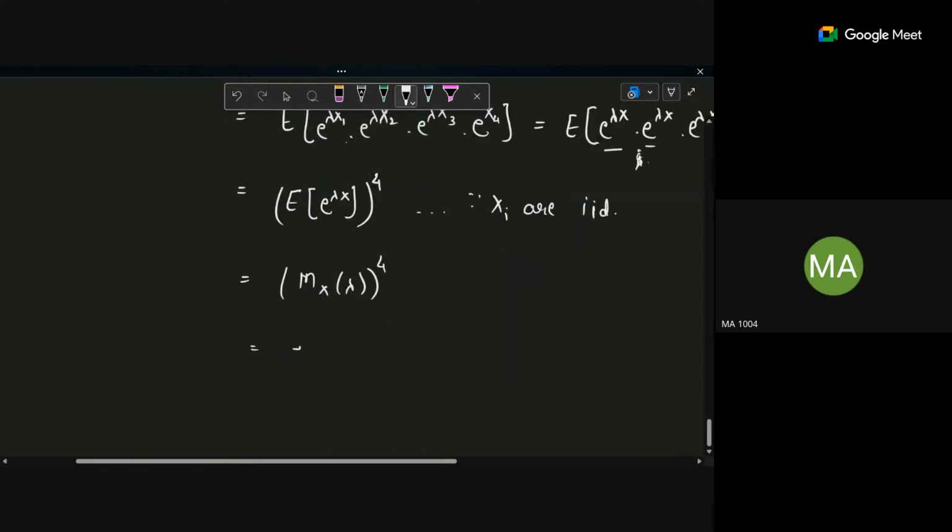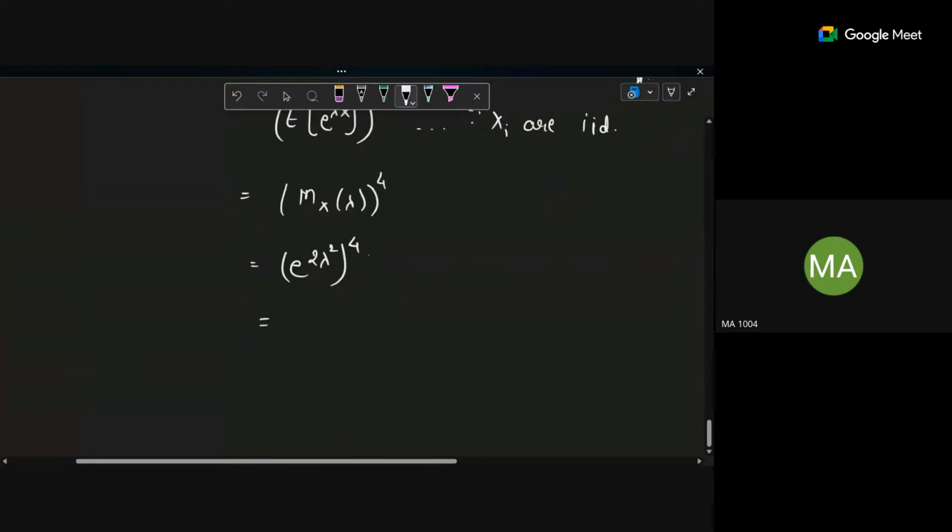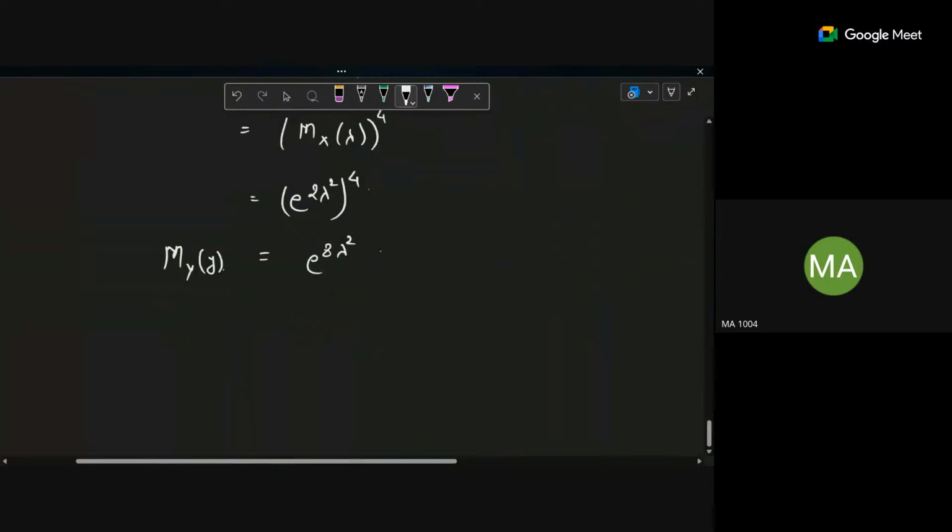Something like e to the power twice lambda square, raised to the power 4, which is e to the power 8 lambda square. This is the MGF for y. Now just remember, if x is following a normal distribution, let's take it as z, because we are using x and y both in this question.